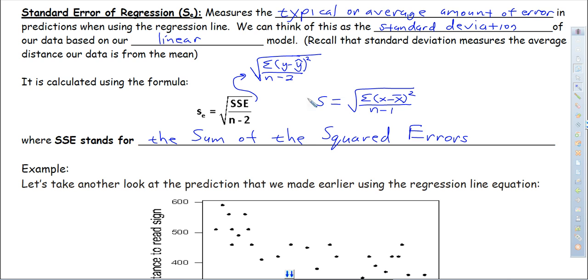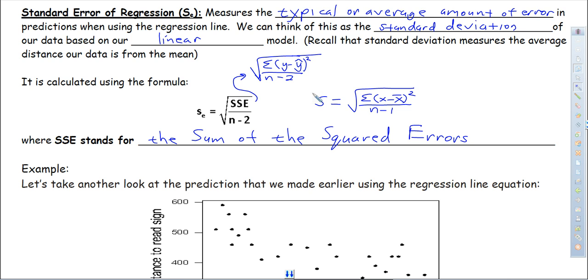Instead of x minus x bar, we're doing y minus y hat. These are the vertical distances from the line. And we have n minus 1 here, and this is n minus 2. Well, this was with one variable. Now we have two variables, an x and a y, explanatory and response. So I just wanted to point out some similarities between these two.